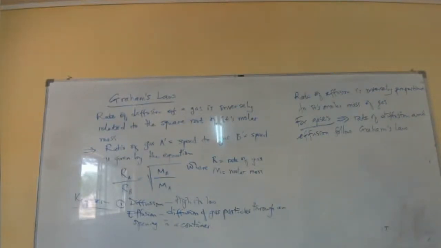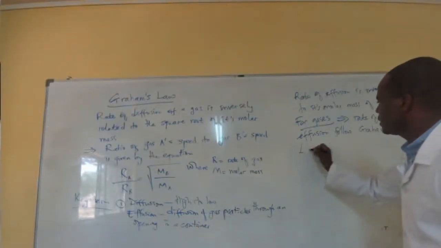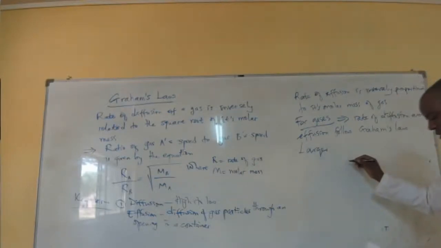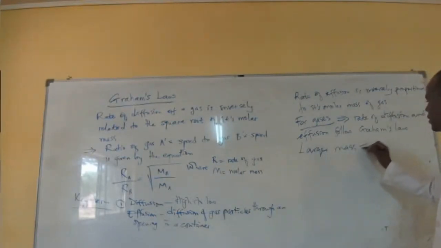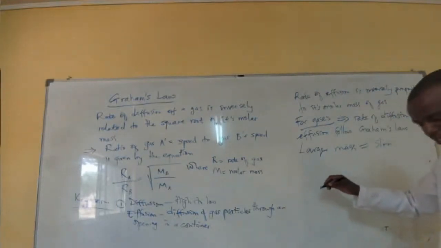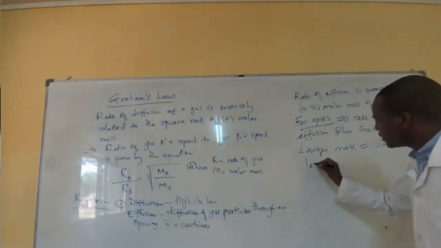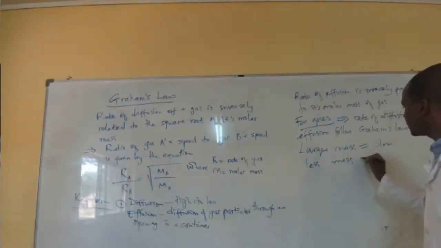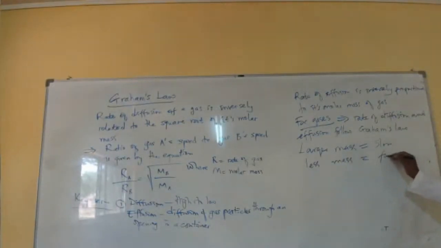The one with the larger mass will move out of the container much slower. So that is rate. The larger molecules with a larger mass will be slow, and the ones that have less mass, we expect them to be fast.